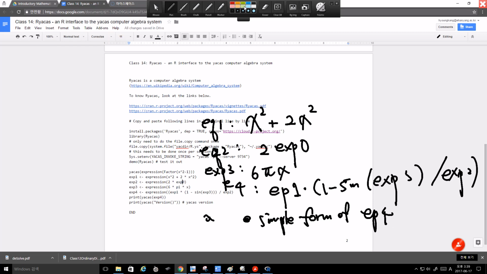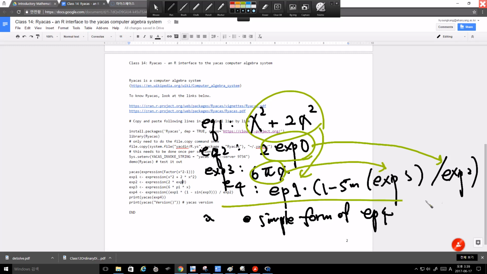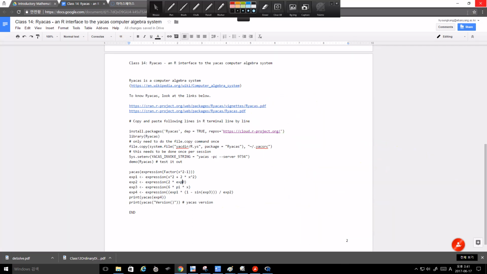Where expression 1 goes here, expression 2 goes here, and expression 3 goes here, this expression 4 would be a very complicated function, but yacas can do this work very well. So let's see. Copy and paste these 3 lines in R.